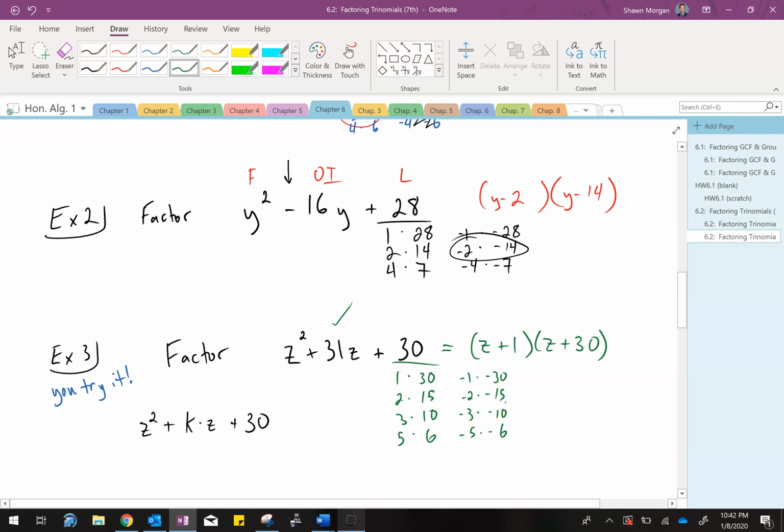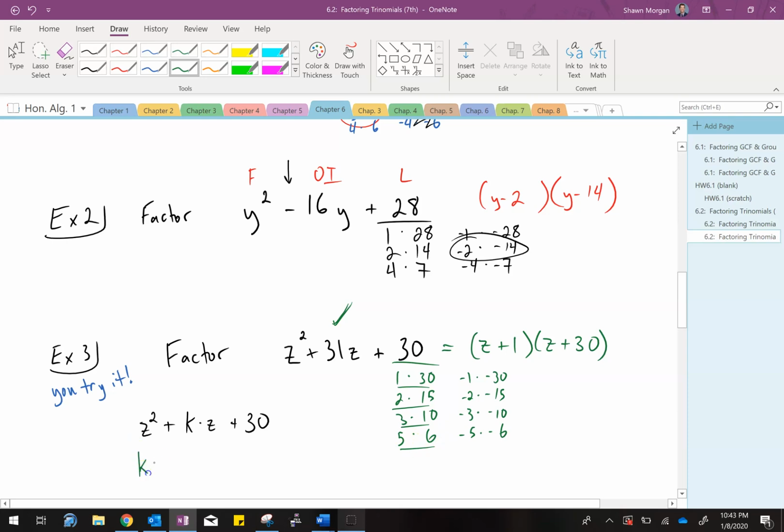And all you would have to do to figure out all the possible values for k is to just add those numbers together. They all multiply to give you 30, and then they'll all add to give you different values for that linear coefficient. So we would have 31 if we picked the first pair, 17 if we picked the second pair, 13 if we picked the third pair, and 11 if we picked the fourth pair.